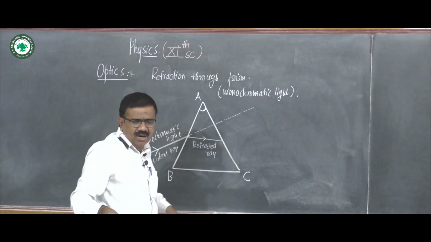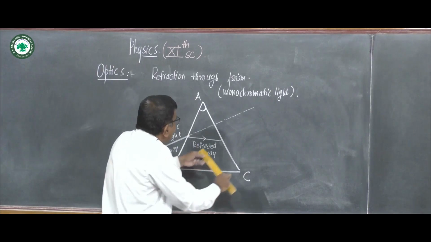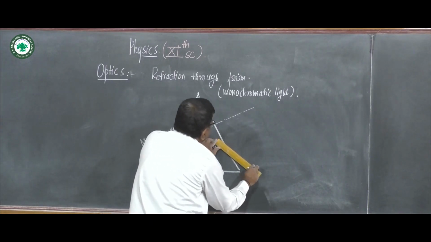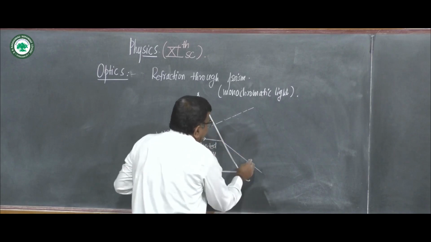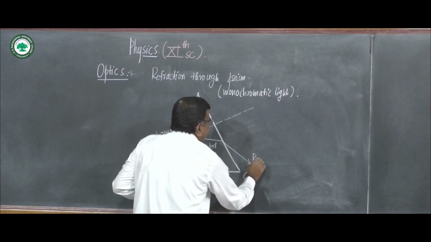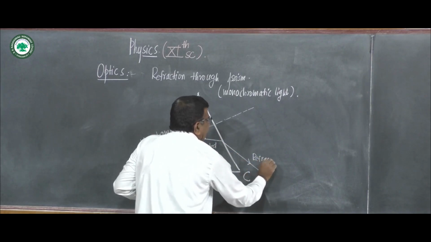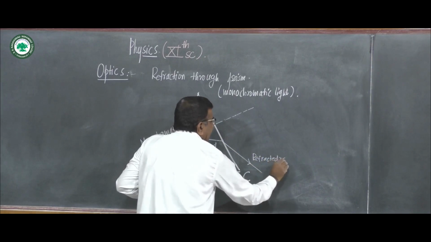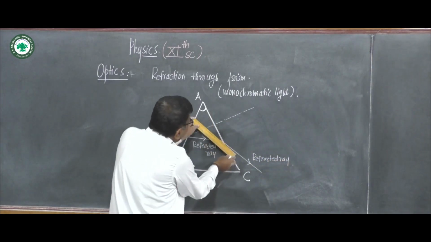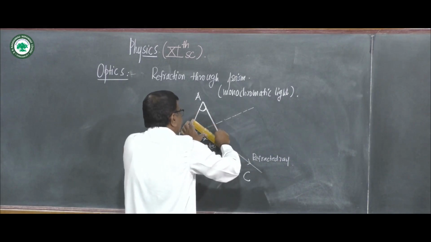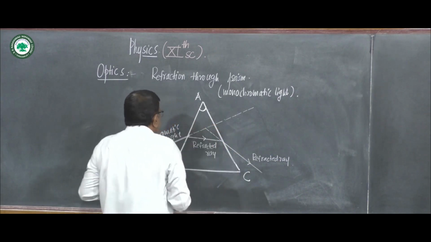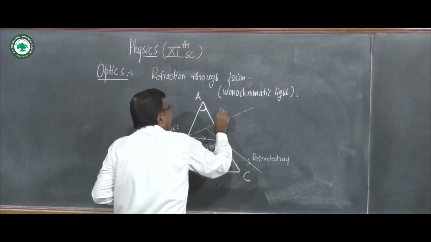And again on the other face it changes its path, that is, it is refracted again. This is the refracted ray. If this refracted ray is produced backward, this is the direction of the incident light.